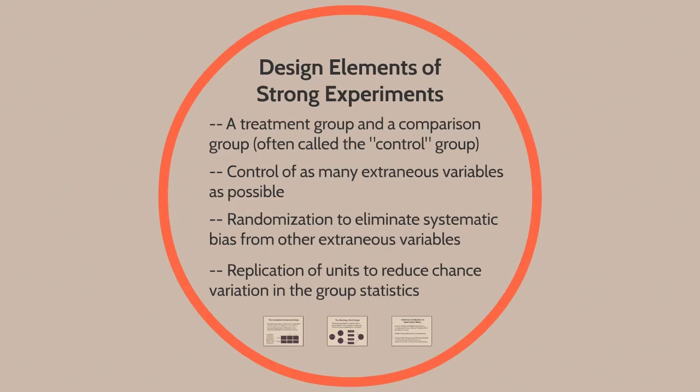There are at least two conditions, one of which is called a treatment group because it receives the treatment, another which is called a comparison or control group. For example, if a pharmaceutical company wants to check the efficacy of a new drug to treat a disease, they could give some individuals in the treatment group the treatment, that is, the new drug.